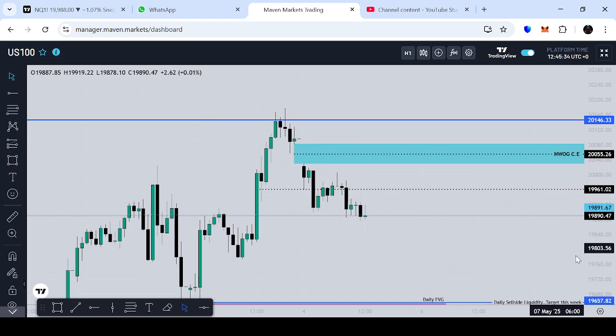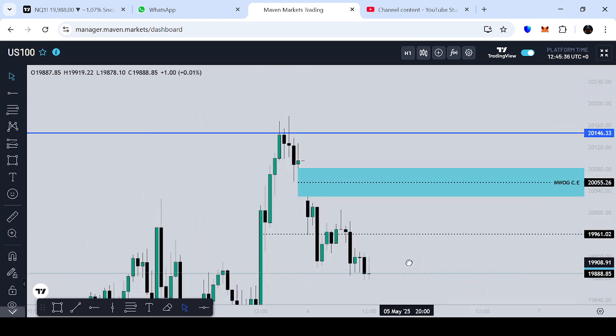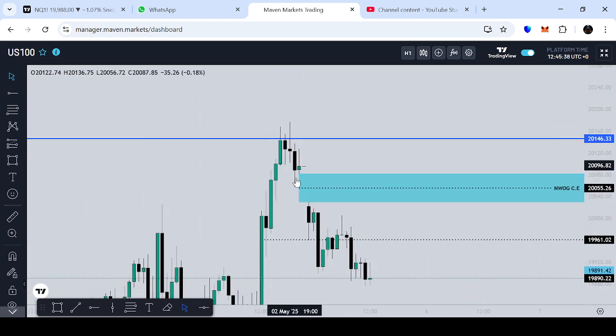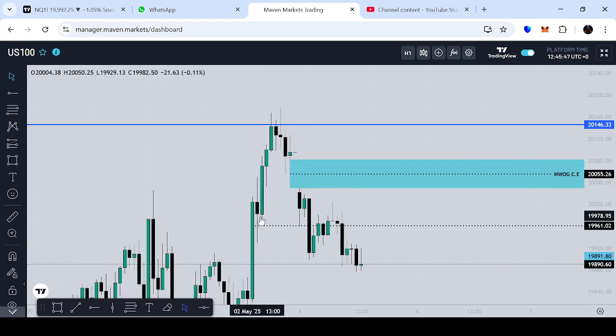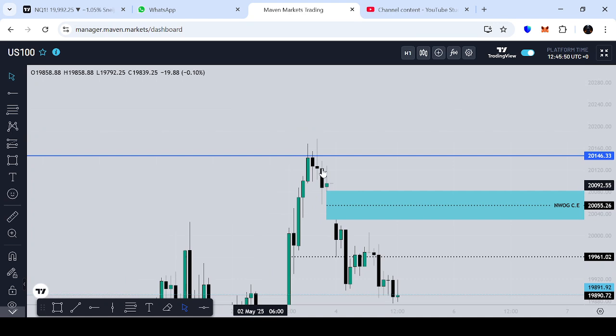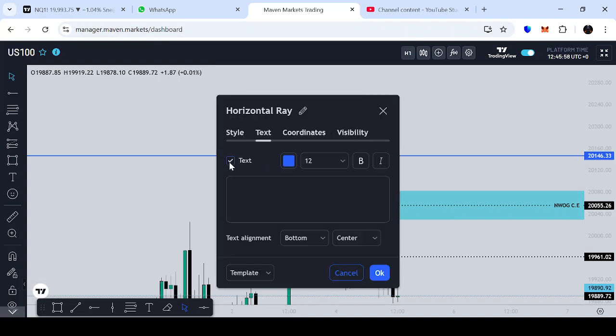This Monday, you could see how price is kind of slow. That's a new week opening gap between the low of that week and the high of this week. That's new week opening gap. This is a break of structure, and price delivered inside a daily inefficiency, and this daily order block.